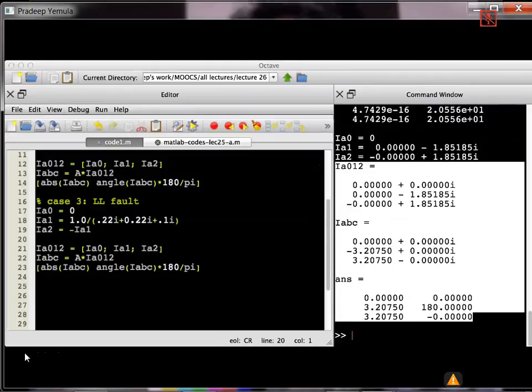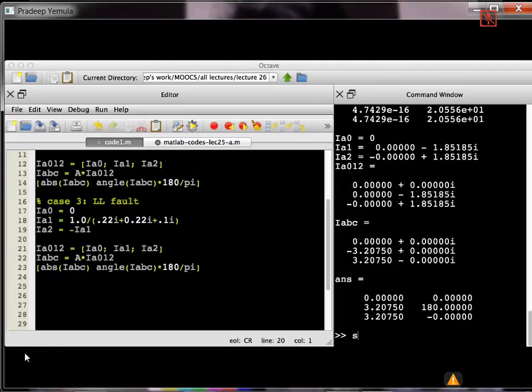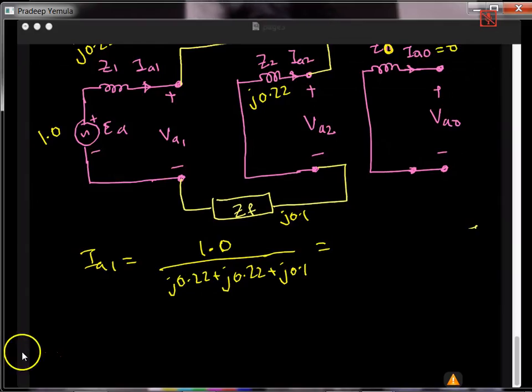Let me take the solution. Therefore, IA1 equals minus j1.85, IA2 is plus j1.85, and IA equals 0.